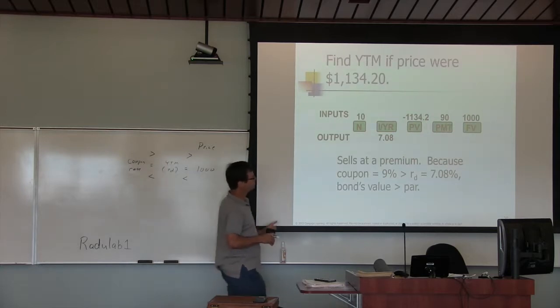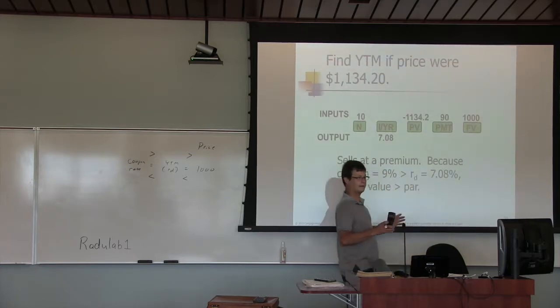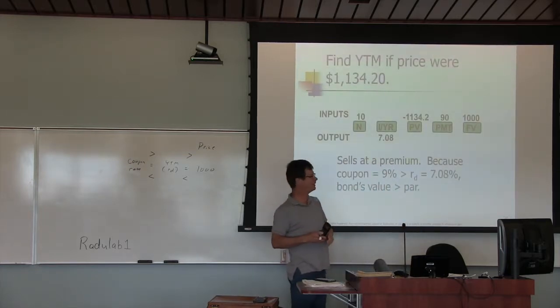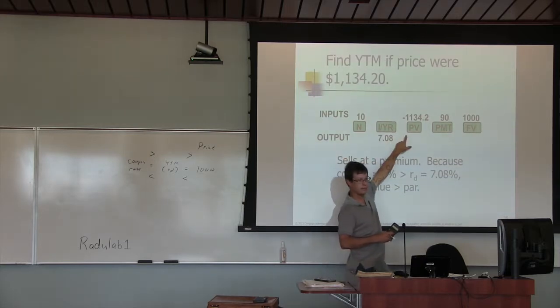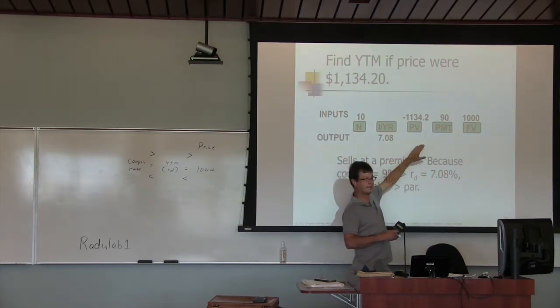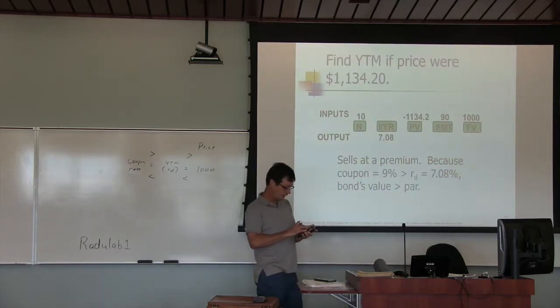In this case, the coupon rate is 9%. We are getting more out of the coupon payments than our required return, right? We're willing to pay more than $1,000 for that. And so when that's the case, that means that our yield is going to be less than the coupon rate there.